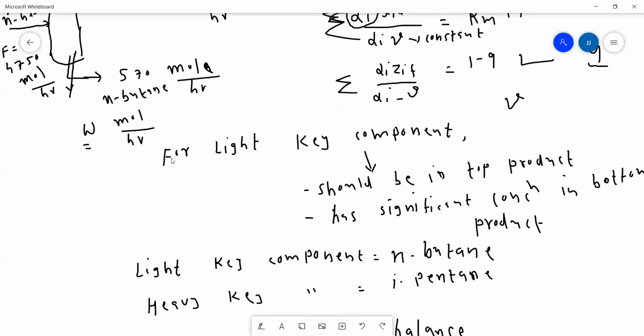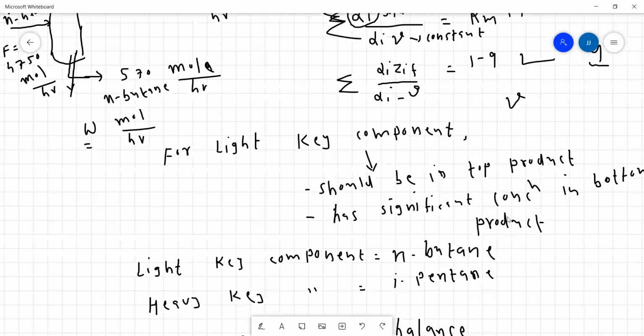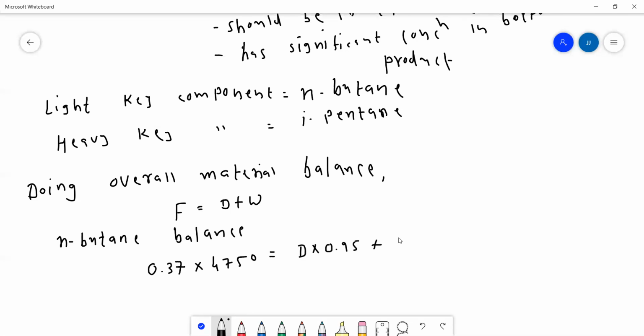So the flow rate of N-butane in the residue is given directly, because we are doing the N-butane balance. So this should be 570. This is the flow rate of N-butane in the feed, and this is the flow rate of N-butane in distillate and in residue.